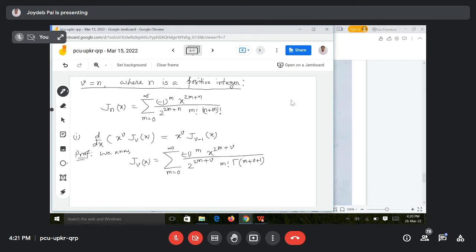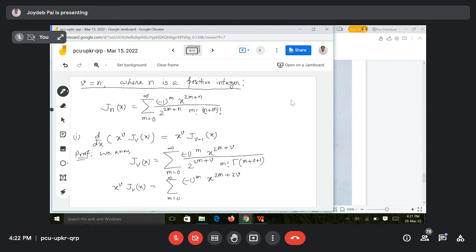Now you multiply it by x to the power nu. So x to the power nu J nu x will be, m from 0 to infinity, minus 1 to the power m x to the power 2m plus 2 nu, right? Are you getting how I am writing x to the power 2m plus 2 nu? Previously it was 2m plus nu. Now I am multiplying it with x to the power nu. So x to the power 2m plus nu into x to the power nu.